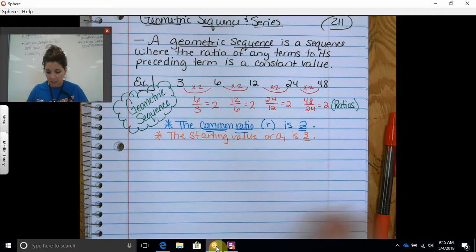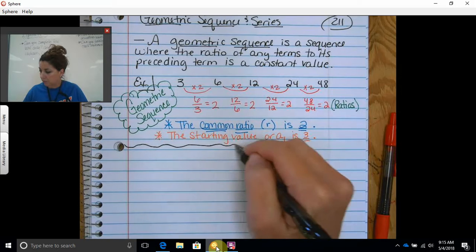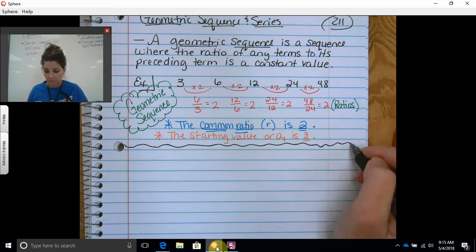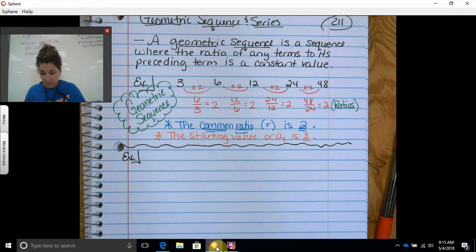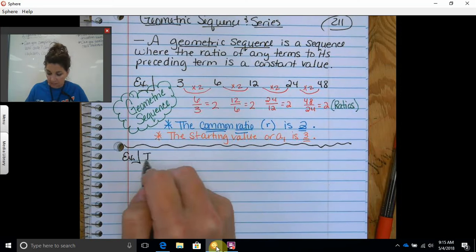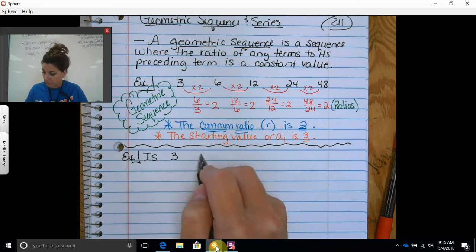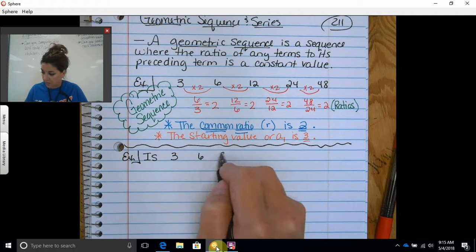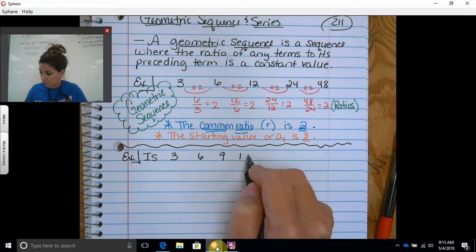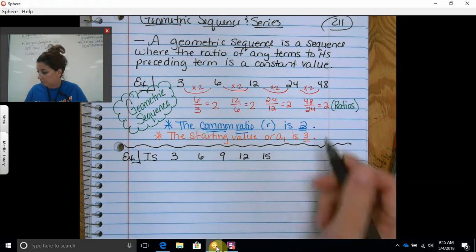Okay, so let's look at a couple examples and try to determine if they are geometric or not. First example is 3, 6, 9, 12, 15.